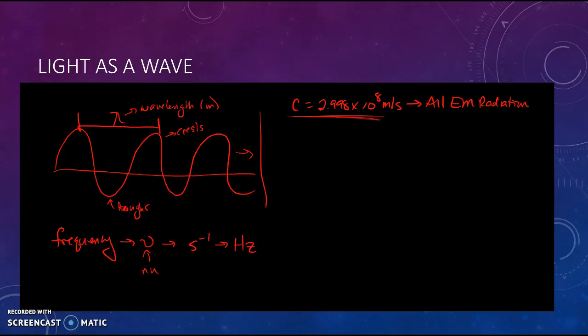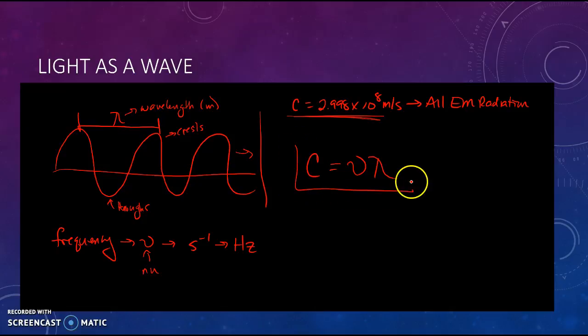So you can imagine that if you make this wavelength shorter, then you're going to have more crests hit that point every single second, and your frequency goes up. So these two play off of each other. And we have this equation that says, and it can be generalized to any wave, but specifically the speed of light is going to be equal to the frequency of light times its wavelength.